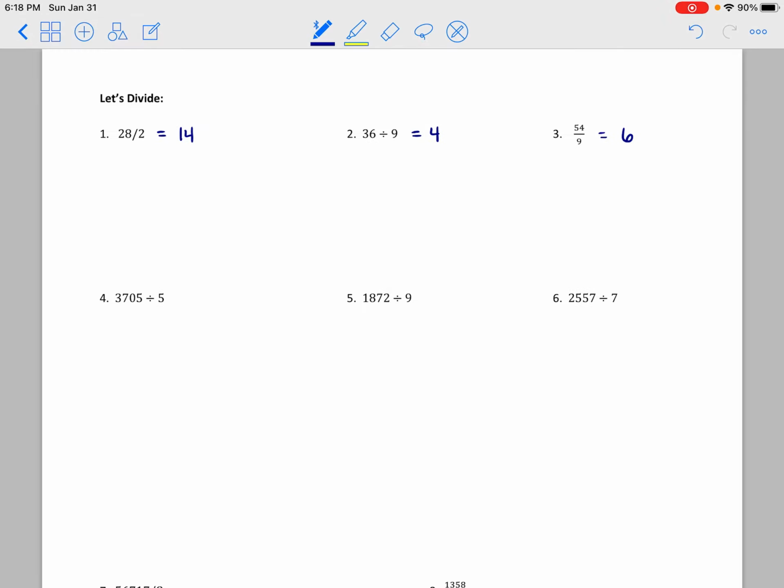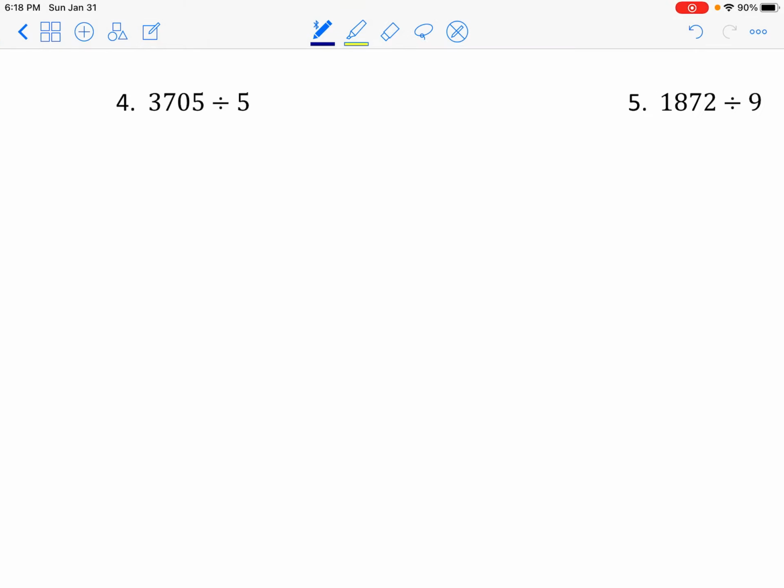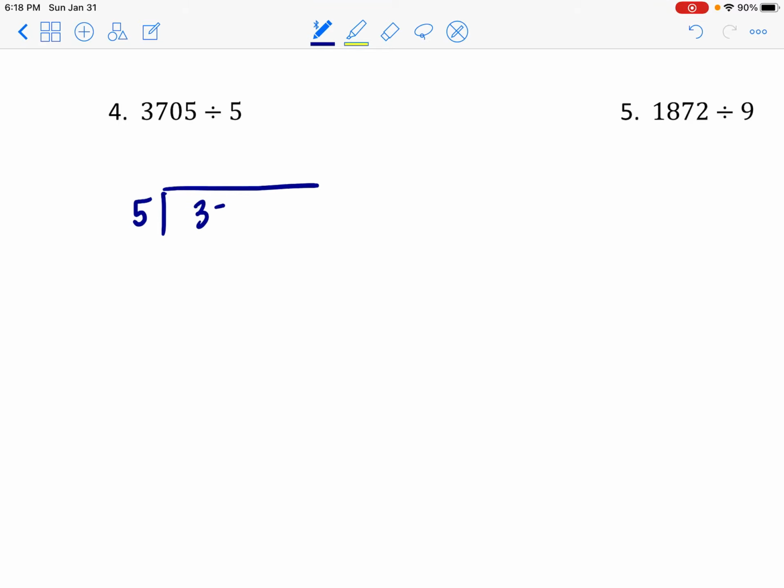Okay, now where we might want the long division is something like this. How many times is 5 going to go into 3,705? For a problem like this, if I wasn't going to use a calculator, I would use the long division process, where we put our dividend inside the box and our divisor outside of the box.